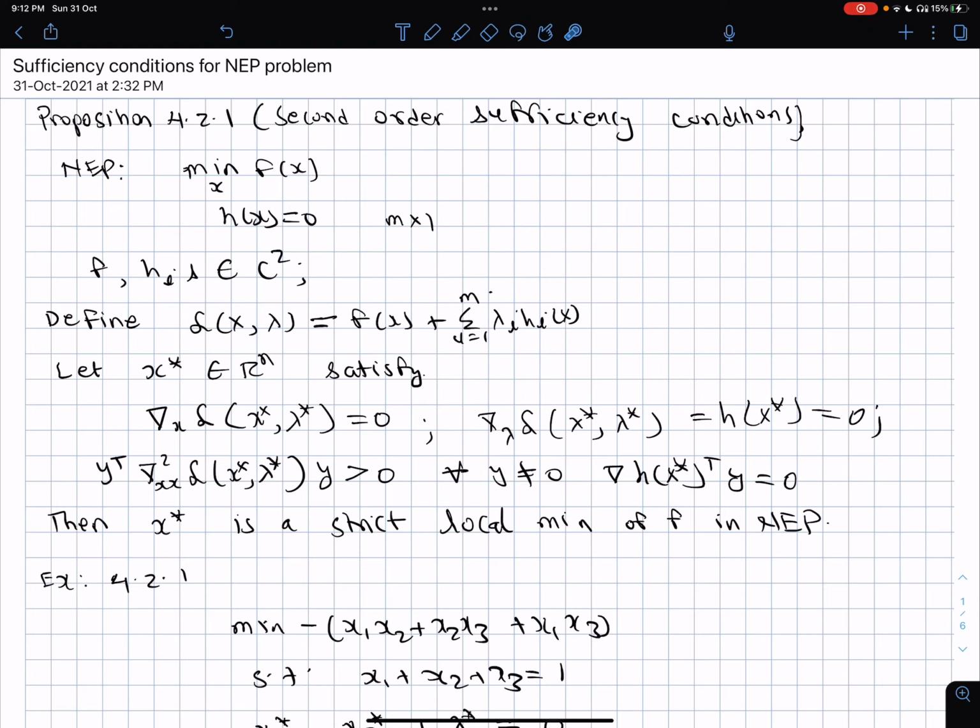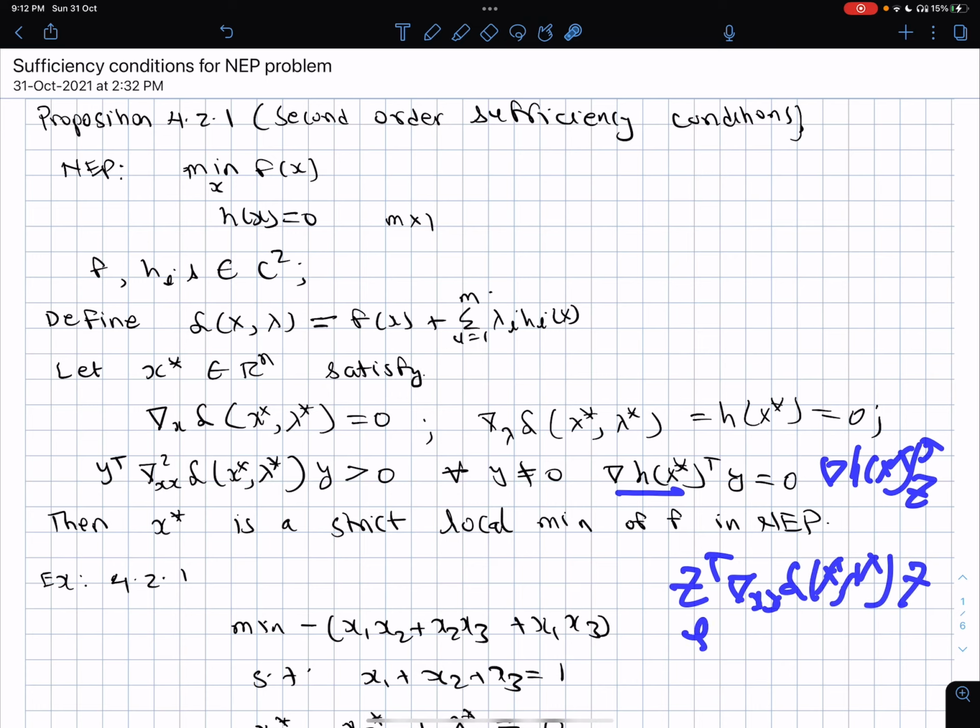If you recall, for necessary conditions we had just said they should be positive semi-definite. Now we are saying that for this projected Hessian, that means if you write the null space basis, del h of x star transpose z equal to 0, then z transpose times the second derivative of the Lagrangian function times z should be SPD.